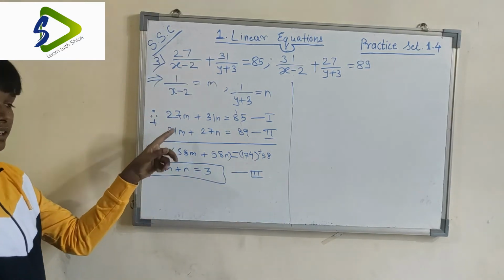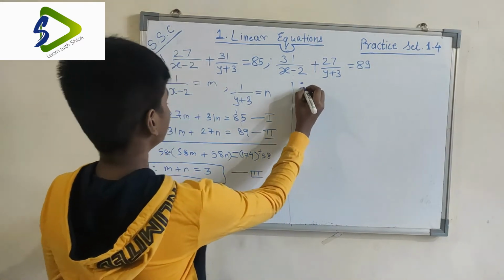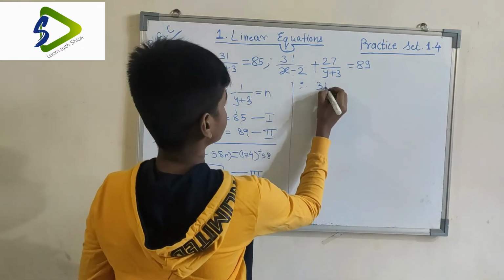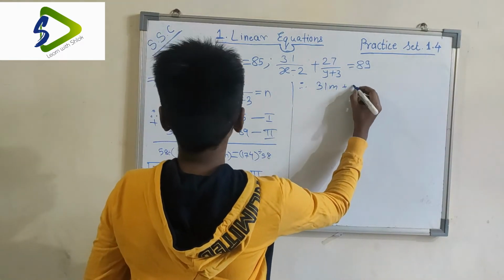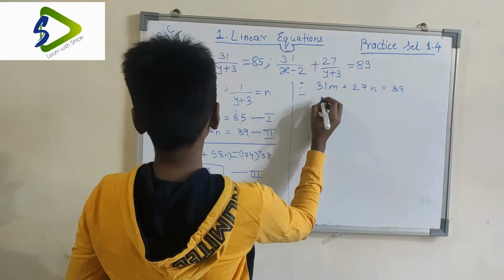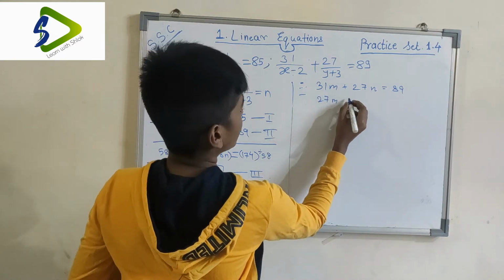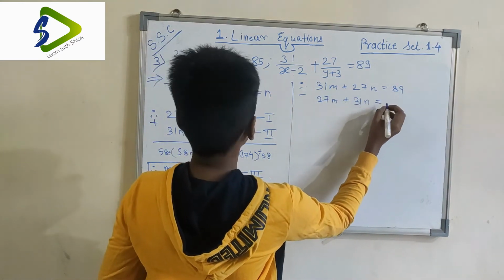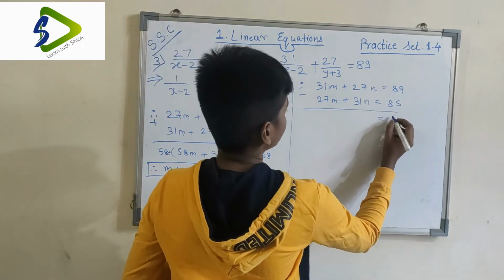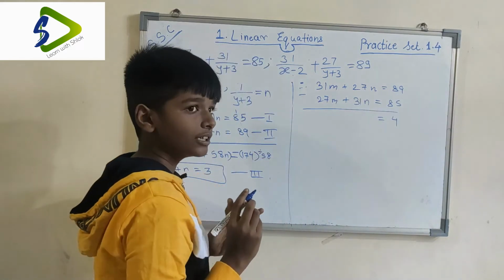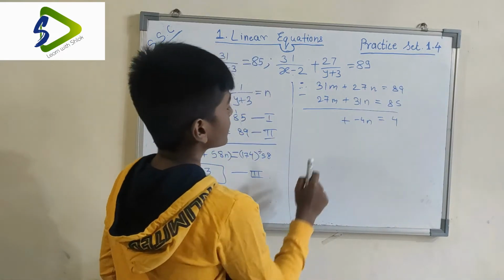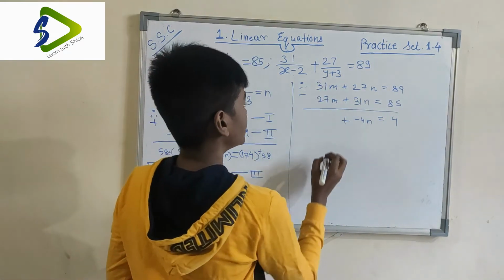Now what we can do, we can subtract these two this time. First we added both, now let's subtract equation 1 from equation 2. So 31m plus 27n is equal to 89, and minus that 27m plus 31n is equal to 85, and our answer becomes 89 minus 85 is 4, 27 minus 31 is minus 4n, here there is a plus sign over here, and 31m minus 27m we get 4m.